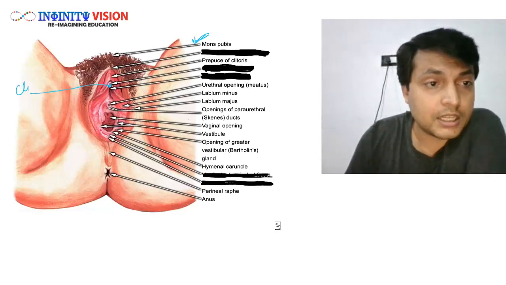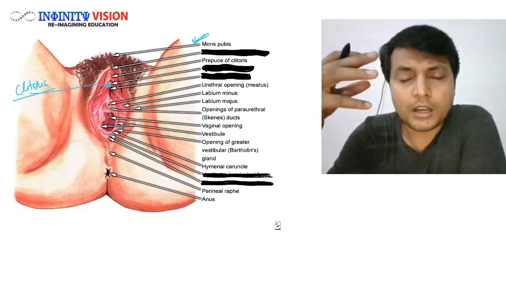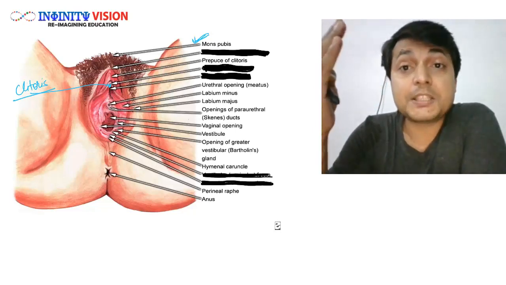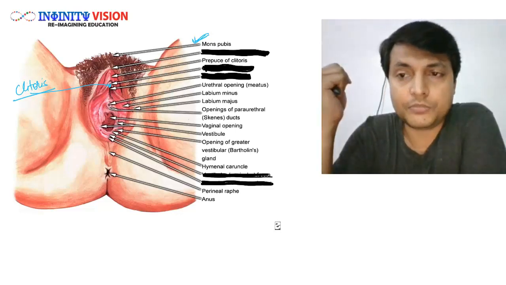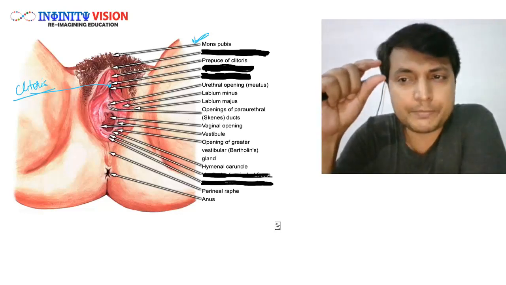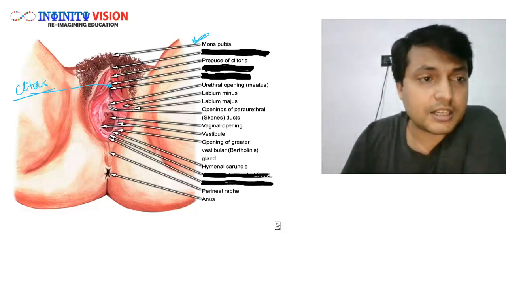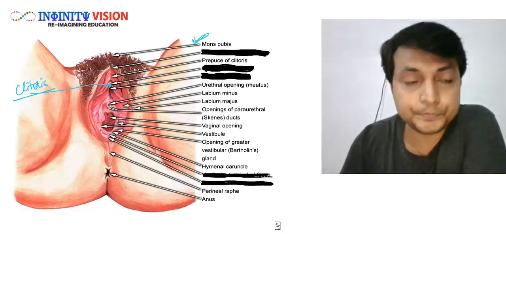This is the clitoris, and the clitoris is homologous to the glans penis of the human male reproductive system. Males have glans penis, and the clitoris is a kind of rudimentary glans penis. It is a homologous organ.